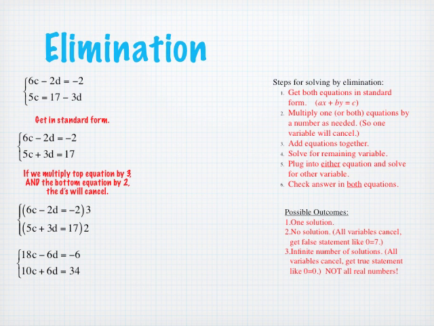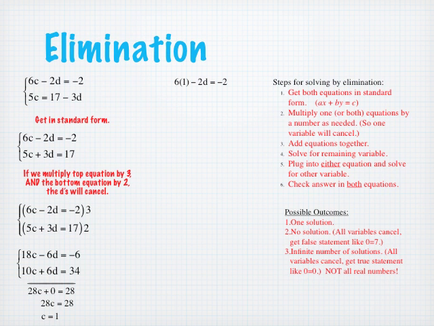Now, did my preparation work? Yes, it did, because if I look at those d's, they are going to cancel. So I add them together and get 28c equals 28. Just a side note, if you look at it and you don't have a variable that's going to cancel, don't add them together anyway. That won't help you at all. Okay, so we have 28c equals 28. Divide by 28 and I get c equals 1.